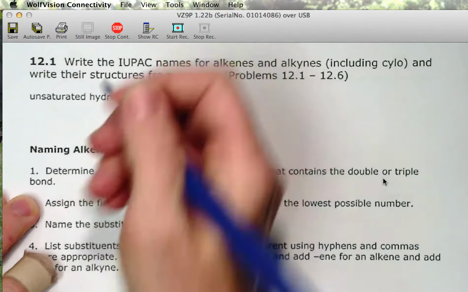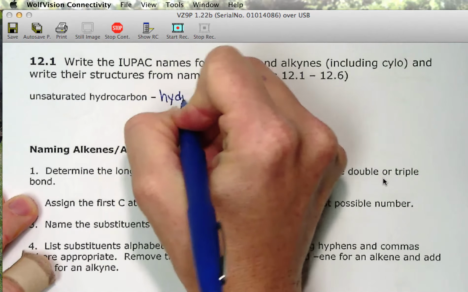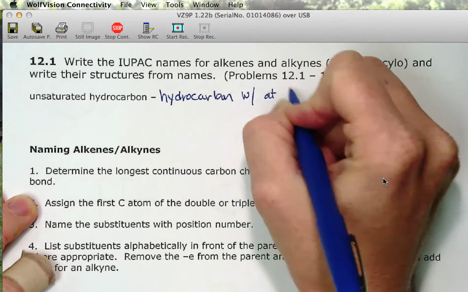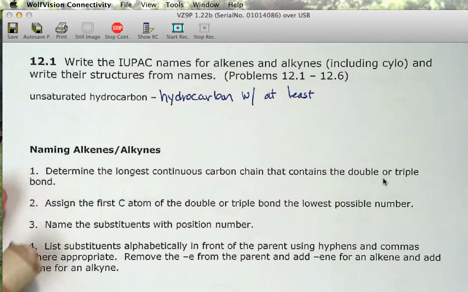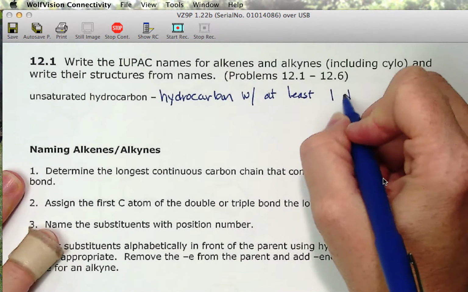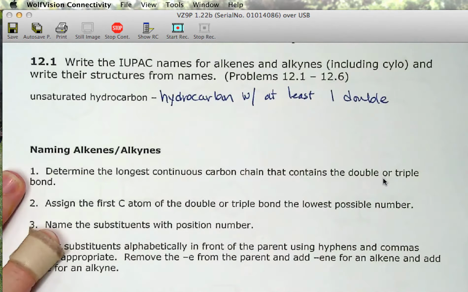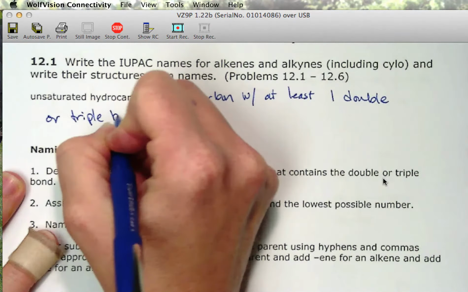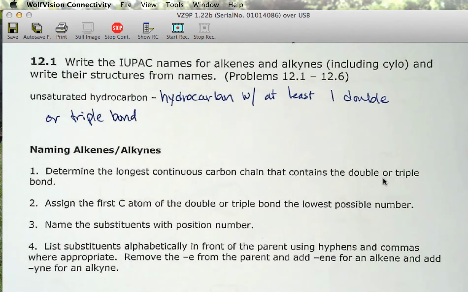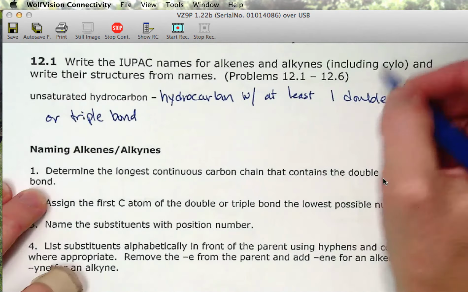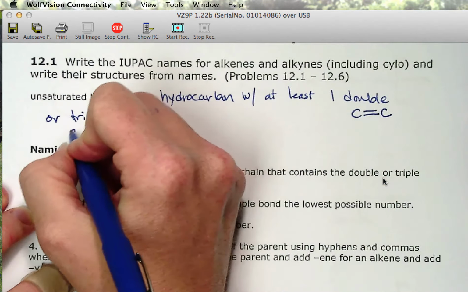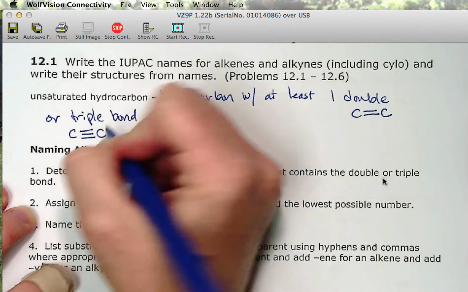This is a hydrocarbon with at least one double or triple bond. And remember, a double bond looks like this, a triple bond looks like that.